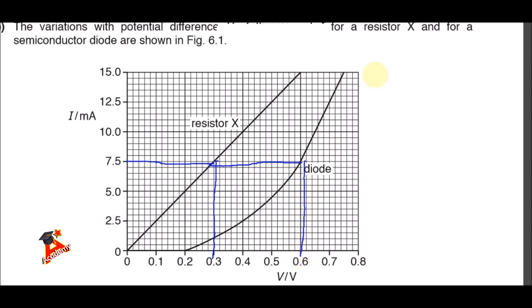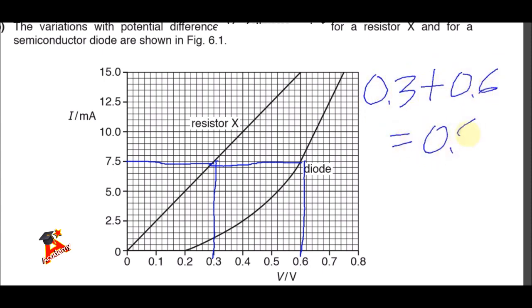So we have 0.3 plus 0.6 to give us 0.9. That's E. That's how we determine E.